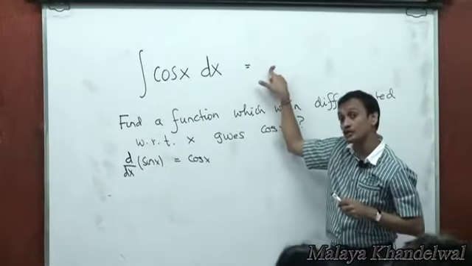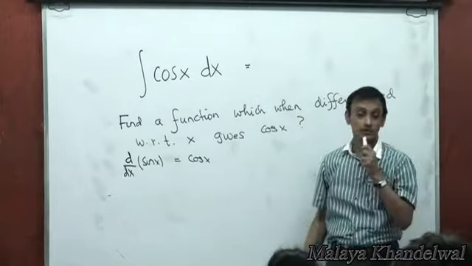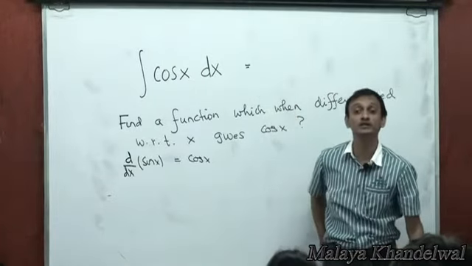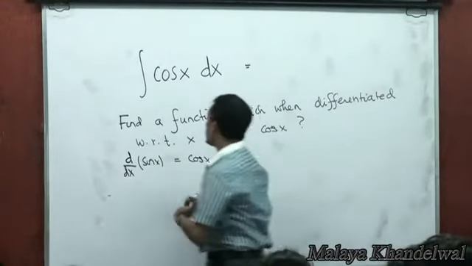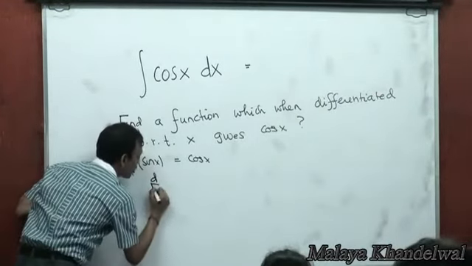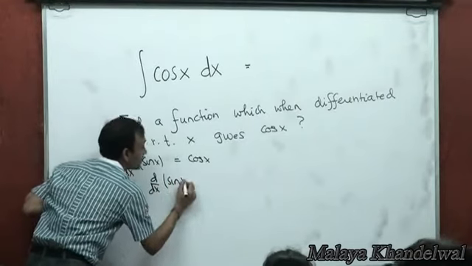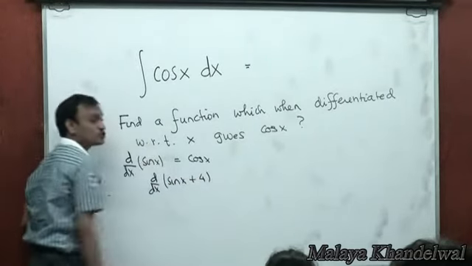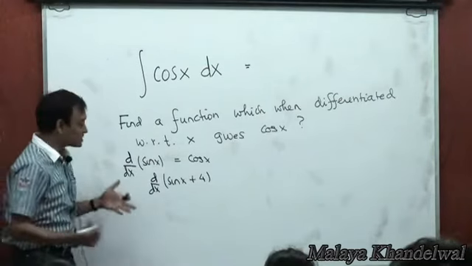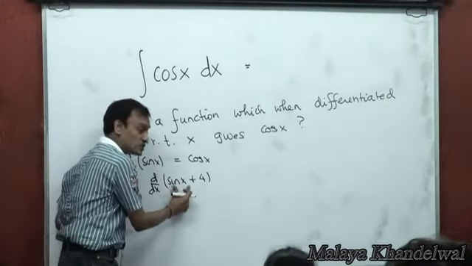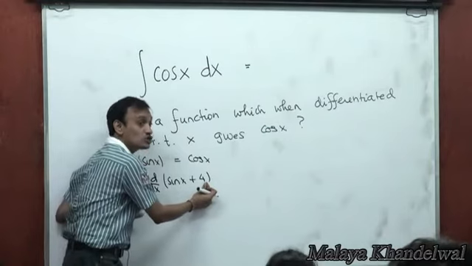So the right hand side could be sin x, but is that the only function which when differentiated gives me cos x? What else? Yeah, in fact, do you realize that d dx of sin x plus 4, when you differentiate this, what is it that you get? Cos x, because d dx of sin x is cos x and d dx of 4 is 0.